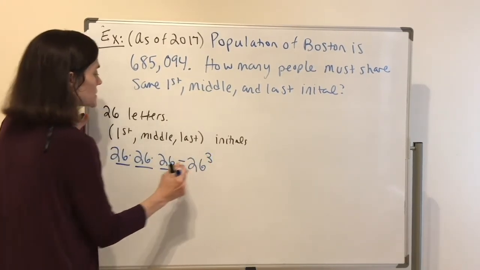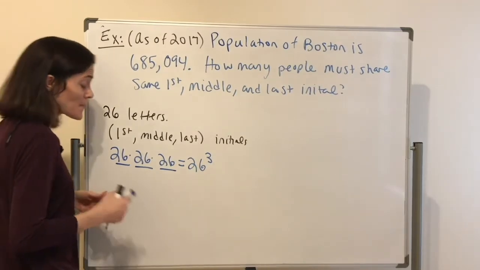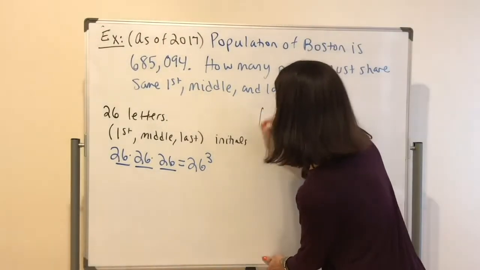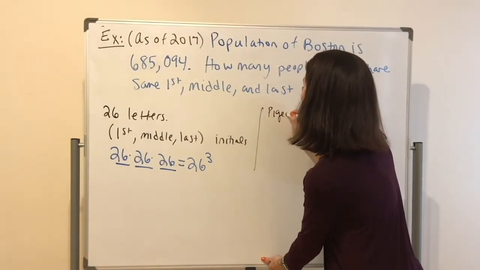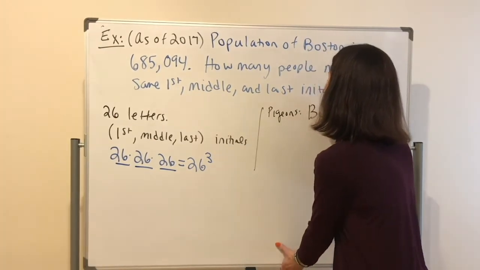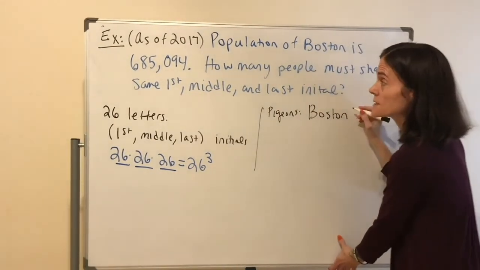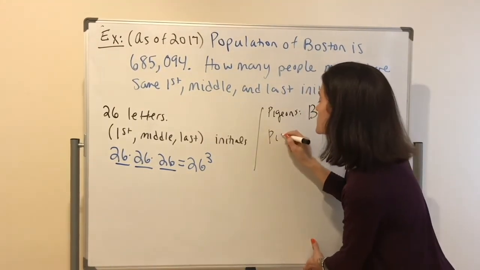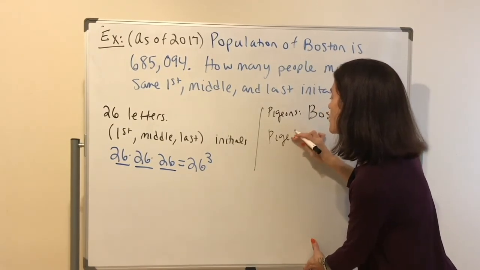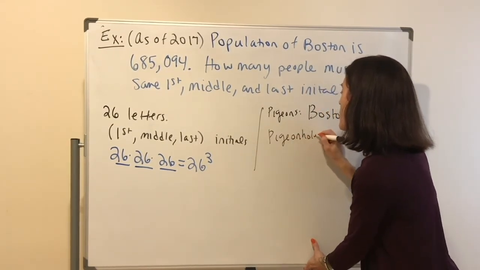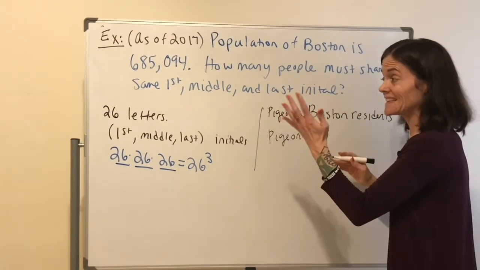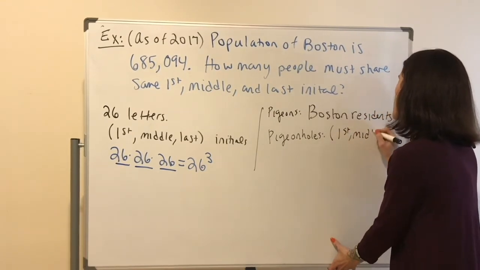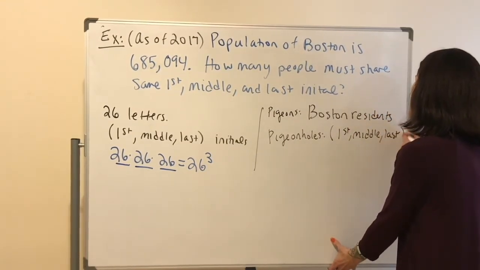Is 26 cubed. Okay, so if we think about this generalized pigeonhole principle, my pigeons are Boston residents, and we know how many of them there are right there, 685,094. And my pigeonholes are this list of length 3, these things: first, comma, middle, comma, last initials.